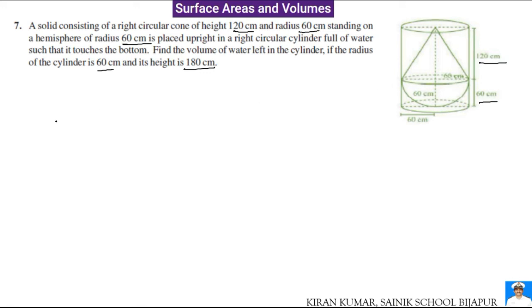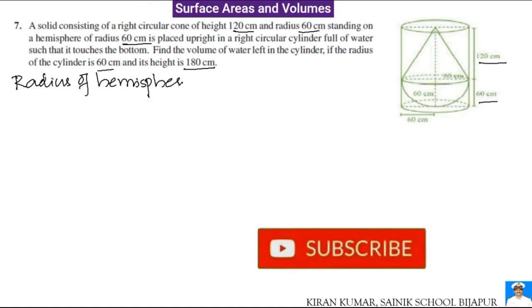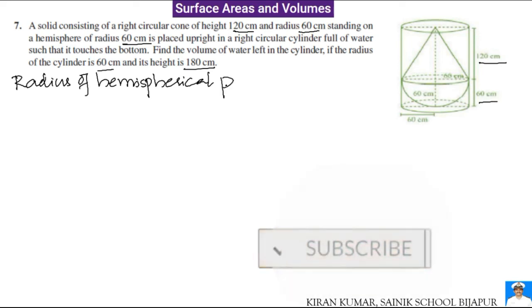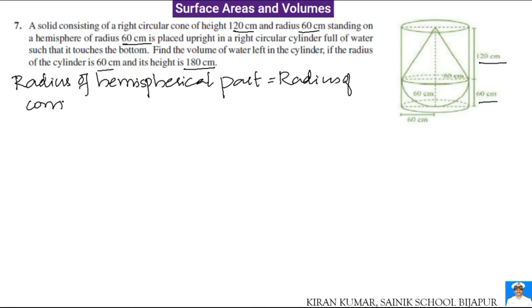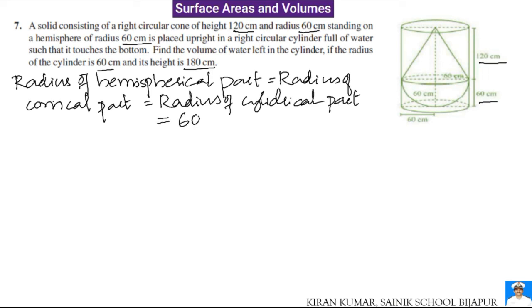So let me mention that the radius of the hemispherical part is equal to the radius of the conical part, which will be equal to the radius of the cylindrical part, and all the three will be equal to 60 cm.